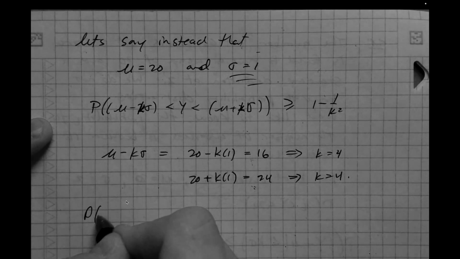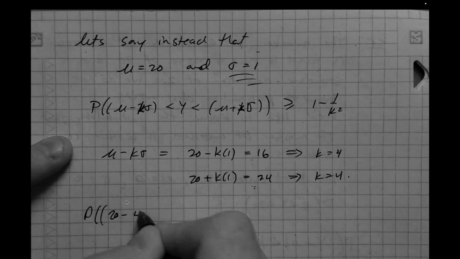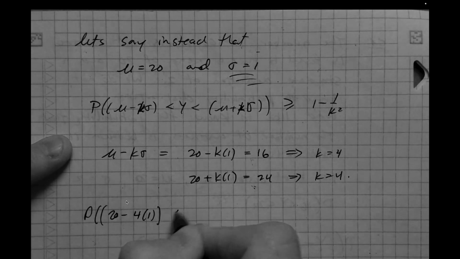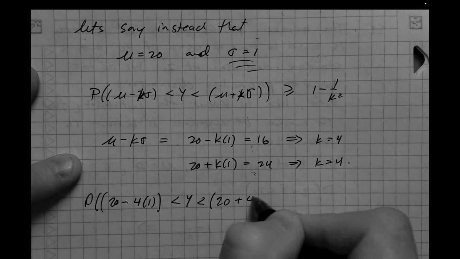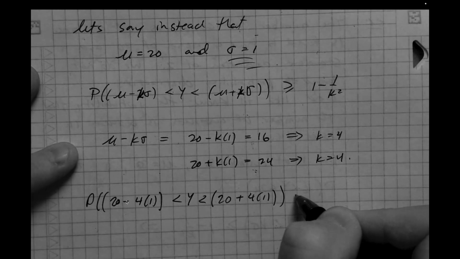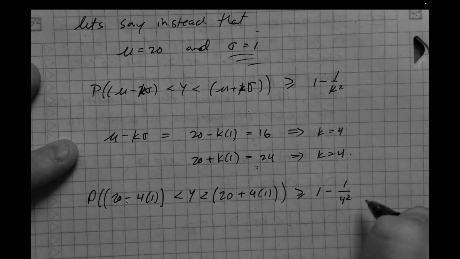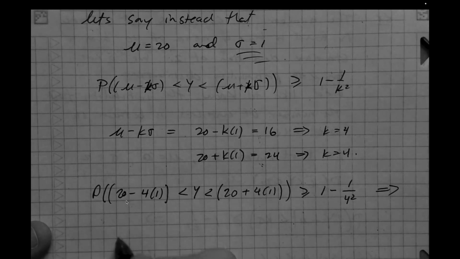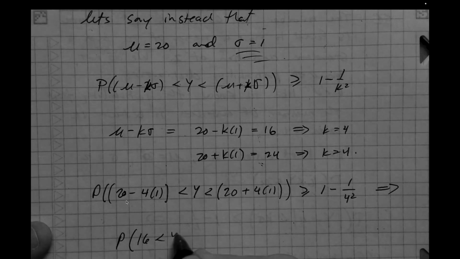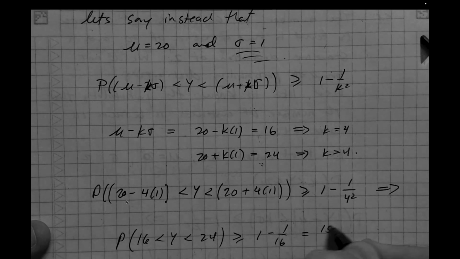And so I have the probability that 20 minus 4 times 1 is less than y, which is less than 20 plus 4 times 1, is greater than or equal to 1 minus 1 over 4 squared. Plugging in those numbers, the probability that 16 is less than y, which is less than 24, is greater than or equal to 1 minus 1 over 16, which is 15 sixteenths.